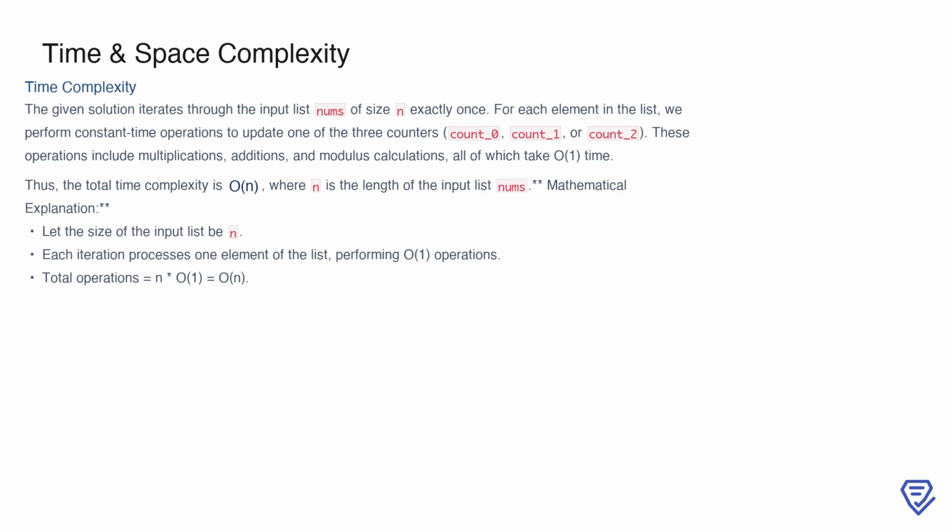These updates involve simple arithmetic operations like multiplication, addition, and modulus, all of which take O(1) time. As a result, the total time complexity is determined by the number of iterations, each taking constant time. Mathematically, this translates to O(n), where n is the length of the input nums. In summary, the algorithm processes each element once, making it efficient with respect to time.